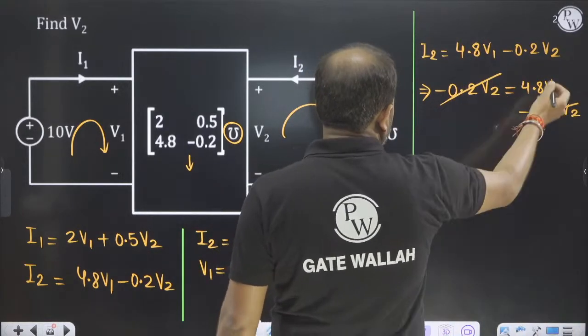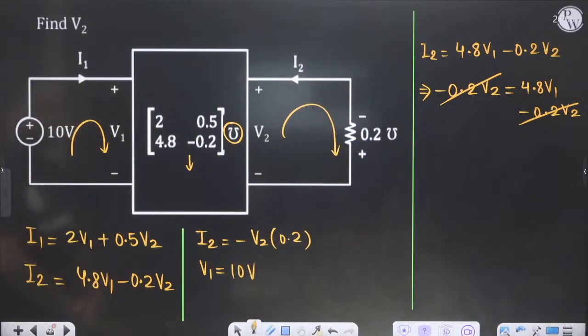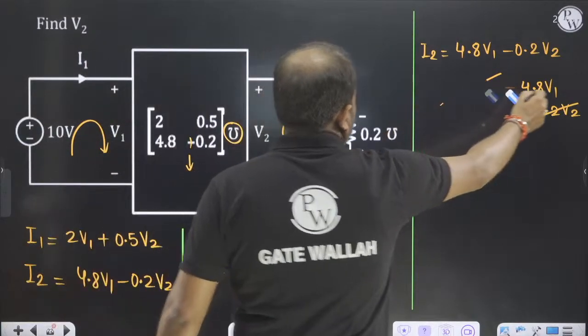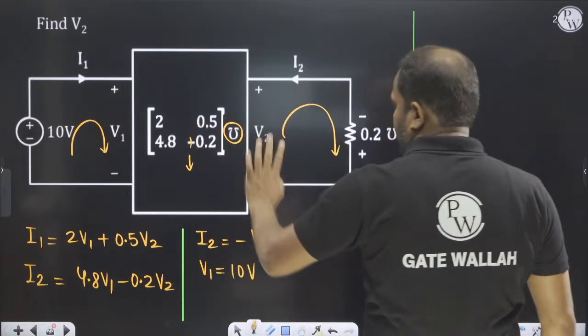So this equation is invalid, or this formation is invalid, it cannot be solved. So I will write plus.